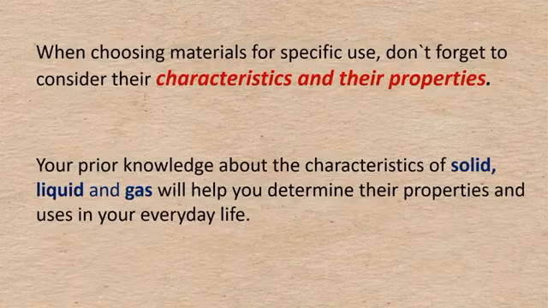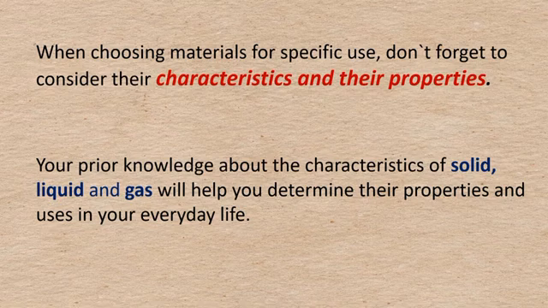Now, when choosing materials for specific use, don't forget to consider their characteristics and their properties. Your prior knowledge about the characteristics of solid, liquid, and gas will help you to determine their properties and uses in your everyday life.